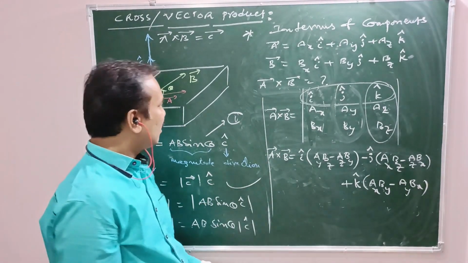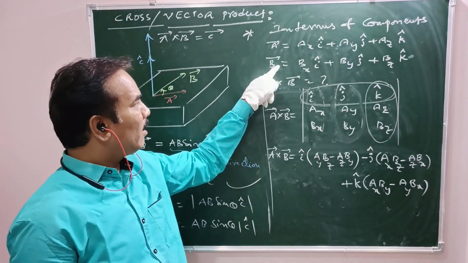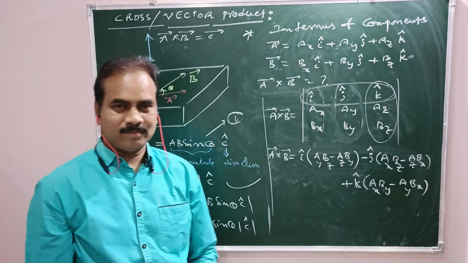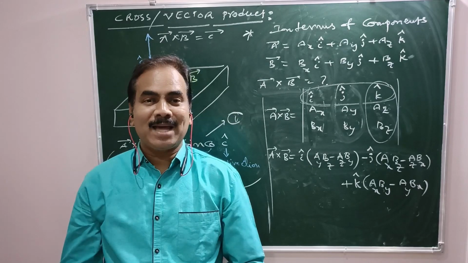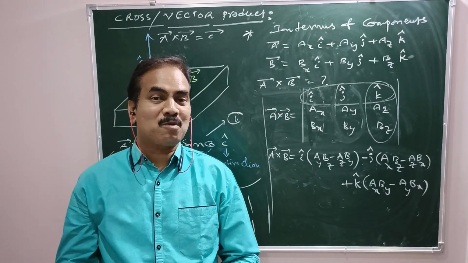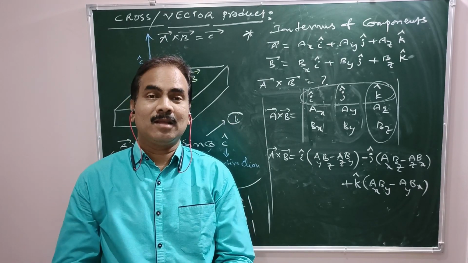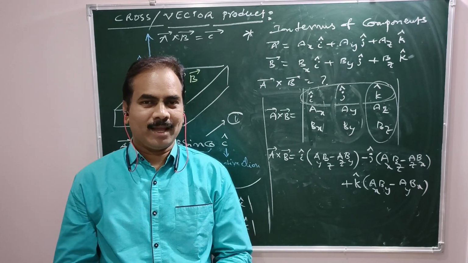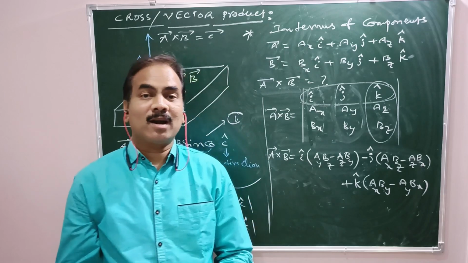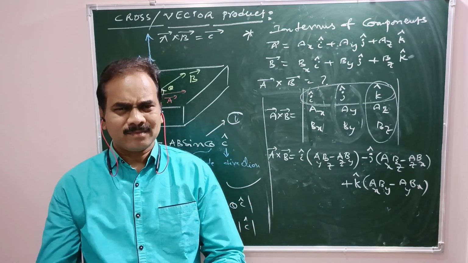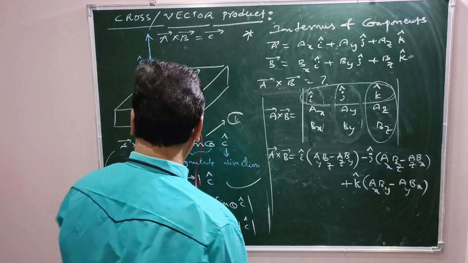Okay, correct? Suppose these two are parallel or anti-parallel to each other. If the given vectors are parallel or anti-parallel to each other, what about the cross product of those two vectors? Null vector. Okay, we came across that point. The cross product of collinear vectors is always a null vector. I am writing it somewhere here.